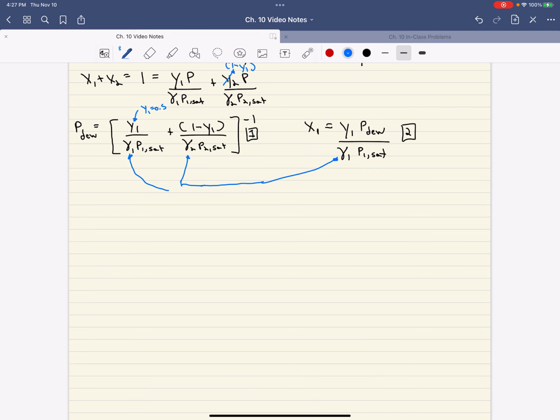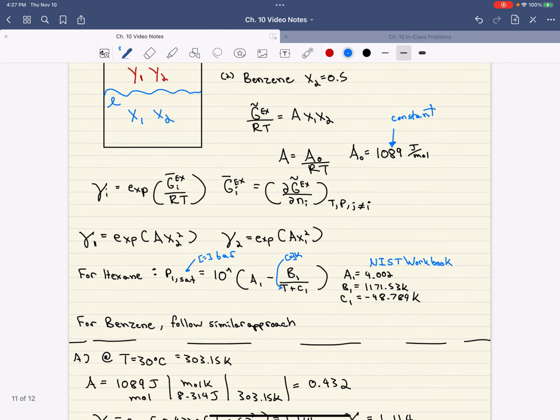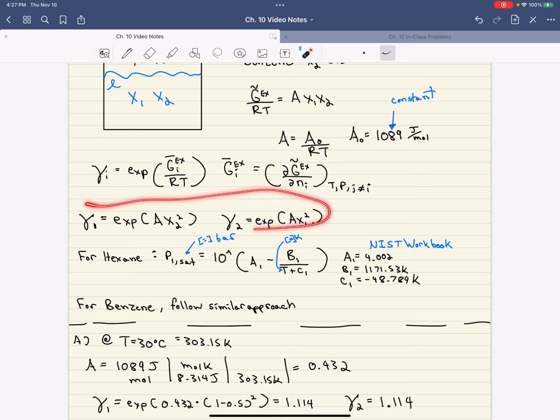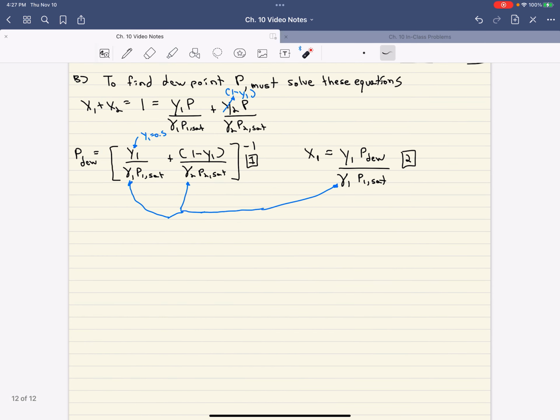And so our activity coefficients, remember, they're following this form, where they're the exponential of A times the mole fraction. And so what this is saying is that in both of our equations, both of them are going to be functions of x1.